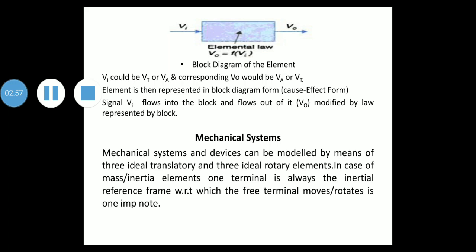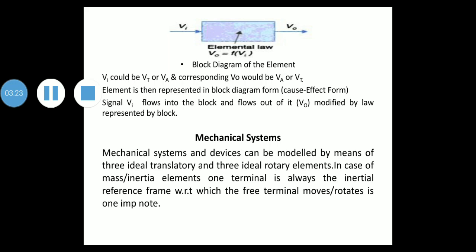Next we'll discuss mechanical systems. Whatever the mechanical systems and devices, they can be modeled by means of three ideal translatory and three ideal rotary elements. Their diagrammatic representation and elemental relations will be studied later.